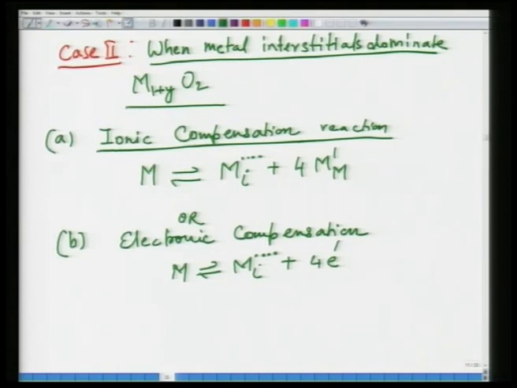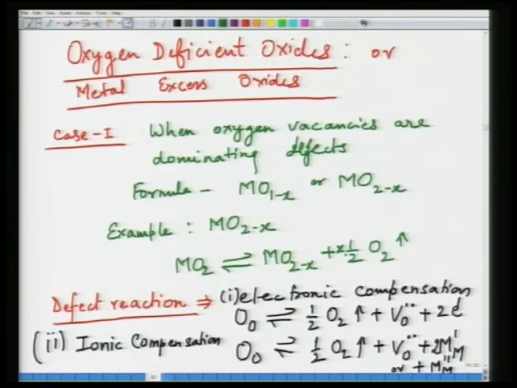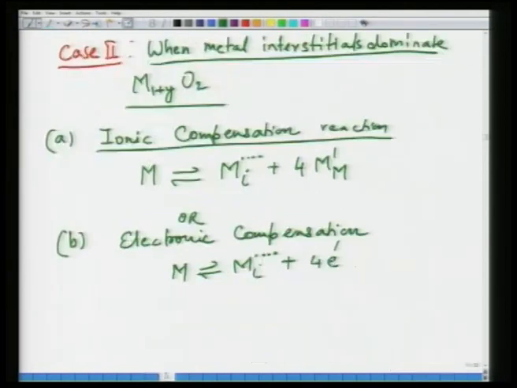Another change that you observe in the two cases is, in the first case for each oxygen vacancy you created 2 electrons, and there was a dependence on partial pressure of oxygen, whereas in this case there is no dependence on partial pressure of oxygen, and for each metal interstitial ion you create 4 electrons. So, this is the difference between the two reactions.